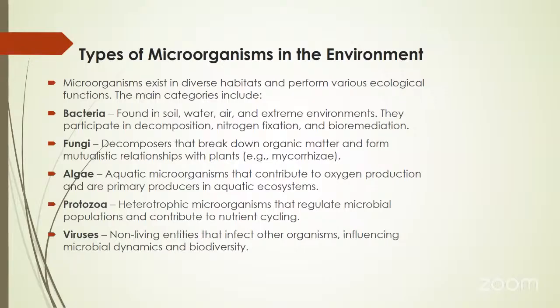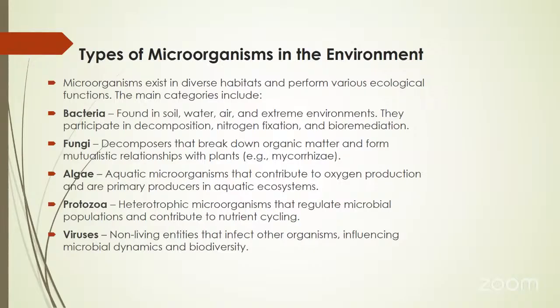The fungi, they are mostly decomposers. They break down organic matter and also form mutualistic relationships with the plants, for example, the mycorrhizas. The algae are the aquatic microorganisms that contribute to oxygen production. They are the primary producers in aquatic ecosystems.